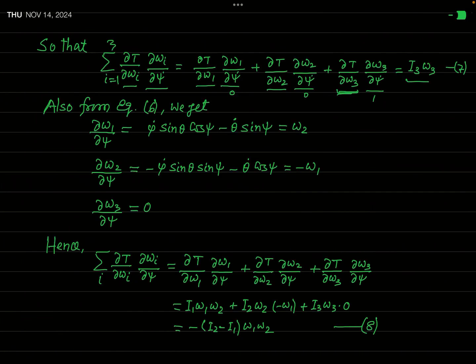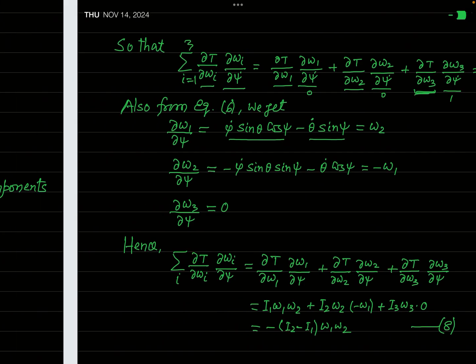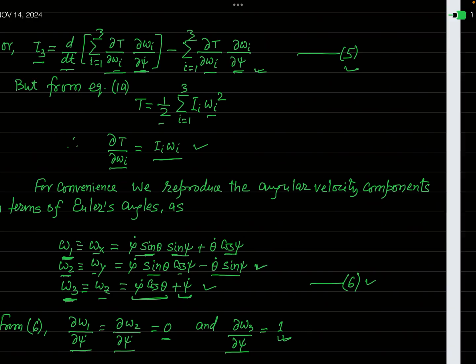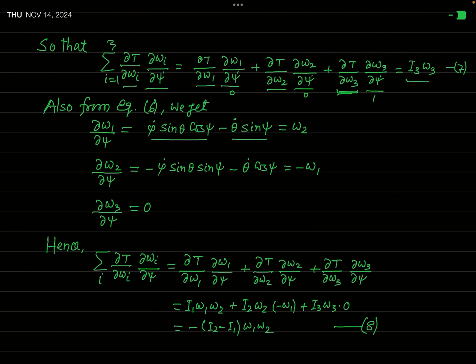So del omega 1 by del psi will be phi dot sine theta cos psi minus theta dot sine psi. But see the expression for omega 2. Omega 2 is this much, and this is just equal to del omega 1 by del psi. You can see, this is equal to omega 2.